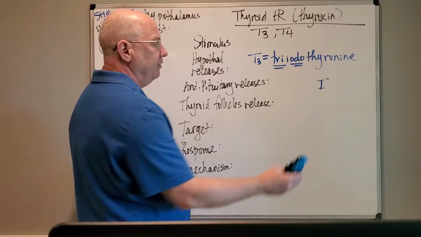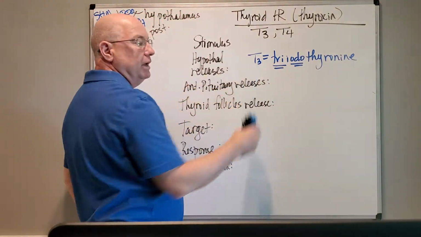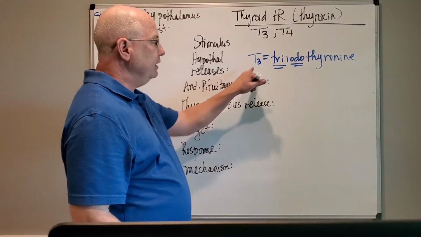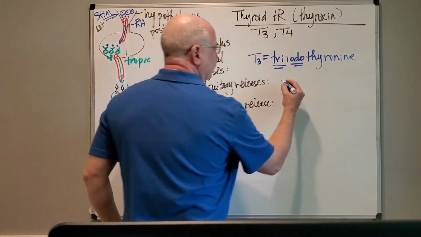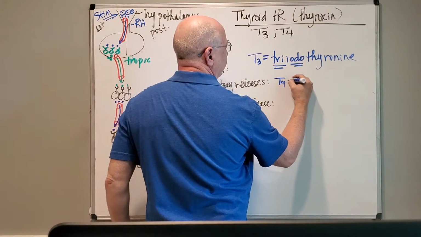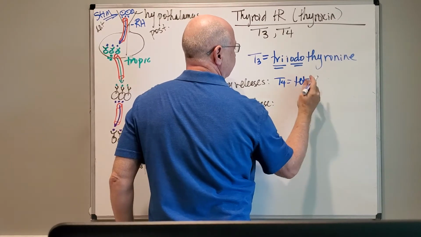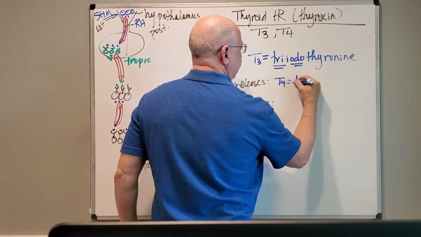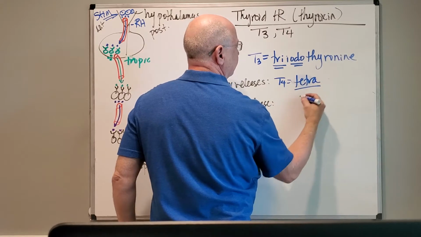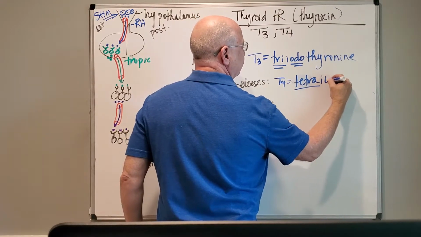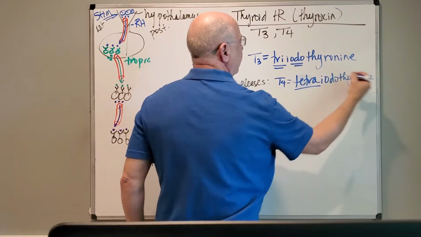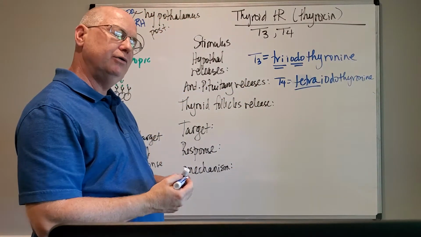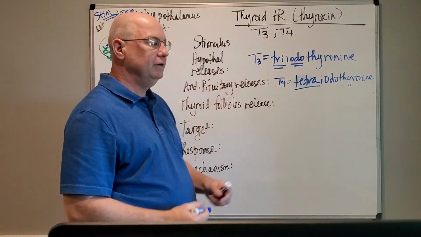So you need iodine to make this hormone. T3, triiodothyronine, has 3 iodide ions in it. It's got a cousin called T4, which stands for tetra. Tetra means 4, so it's called tetraiodothyronine. So triiodothyronine and tetraiodothyronine are T3 and T4.